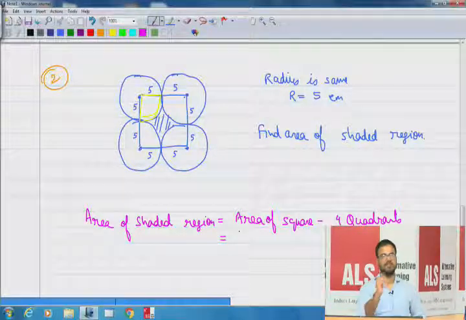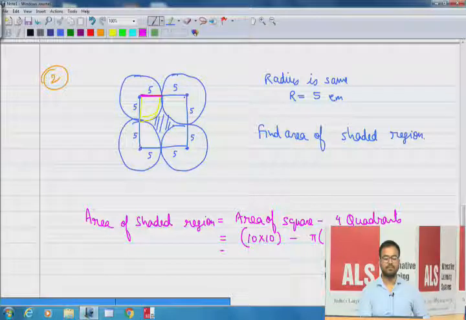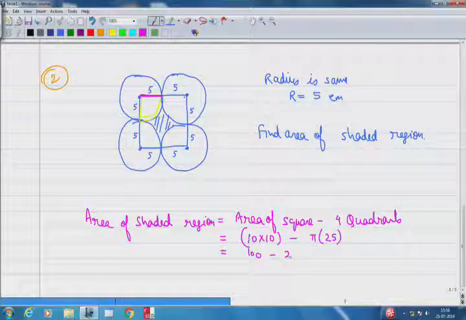The square is having a side of 10. So area of the square is side into side, which is 10 square, minus 4 quadrants. Area of one quadrant is 1/4 of a circle, so 4 quadrants will make a complete circle, and the radius of the circle is 5. So pi r square. So it is 100 minus 25 pi.